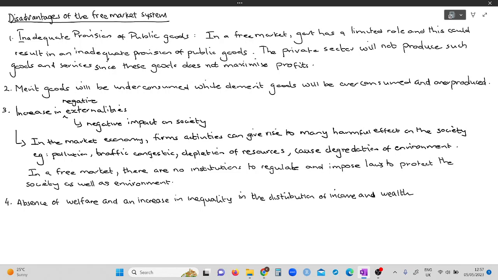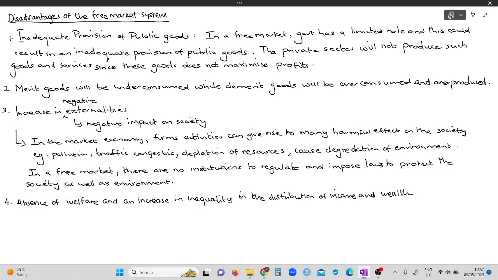However, ici, qu'est-ce qui se passe? The free market economy, c'est une market economy qui result in inequality. Veut dire qu'il y a une distribution of income which is unequal. Aussi, in private and free market, ce objectif, c'est pas welfare of the society.